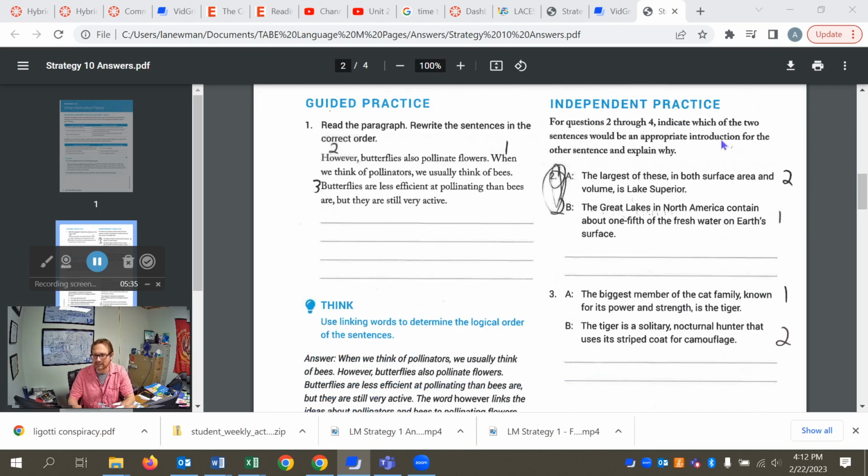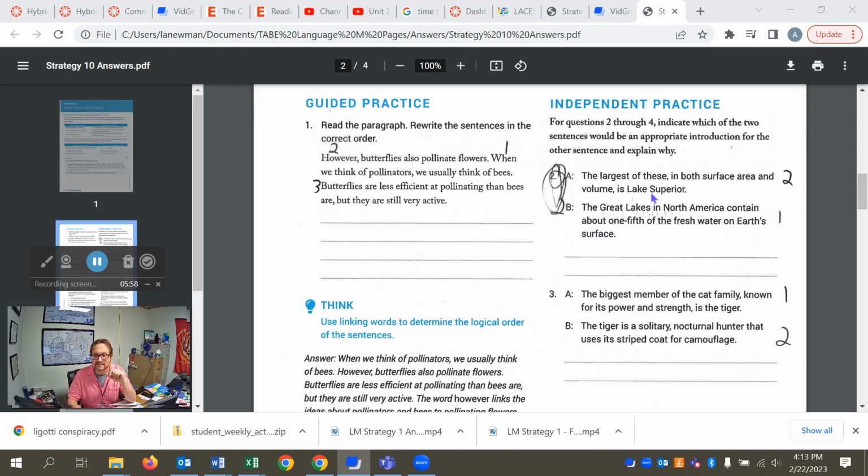All right, ignore the scribbles here. I did it the wrong way the first time. But for questions 2 through 4, we're indicating which of the two sentences would be an appropriate introduction for the other, and why. And so you can see the order here. The Great Lakes in North America contain about 1/5 of the fresh water on the Earth's surface.